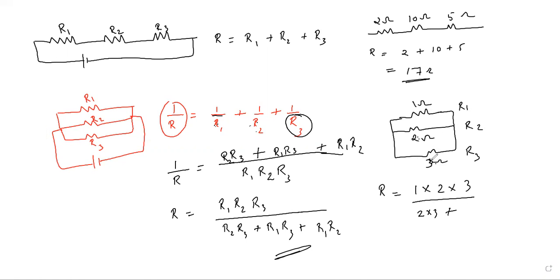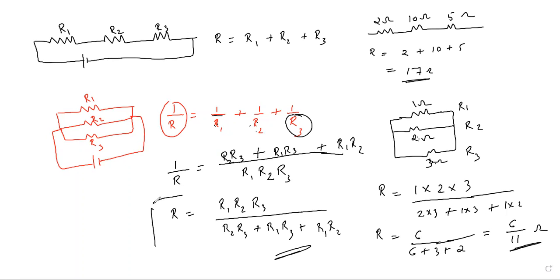R1 is 1 ohm into 3 ohm, so 1 into 3, plus R1 into R2, 1 into 2. So 1 into 2 into 3 is 6, divided by 6 plus 3 plus 2. So R is equal to 6 by 11 ohm.